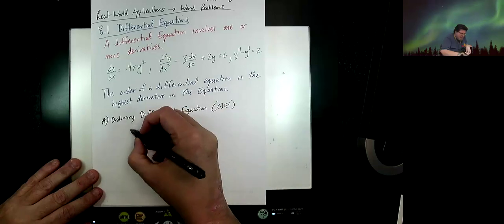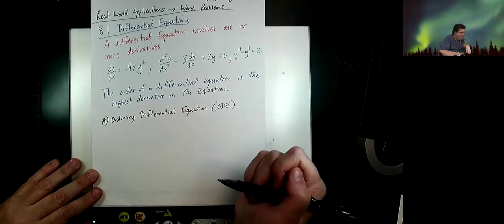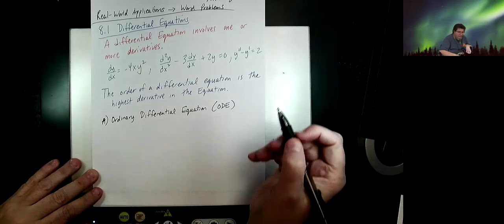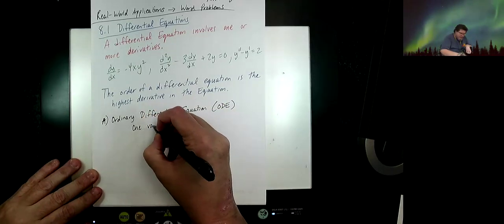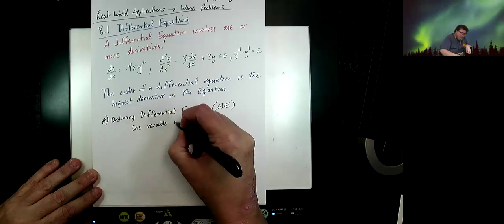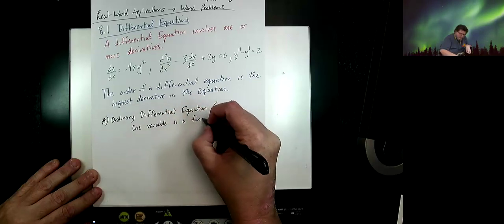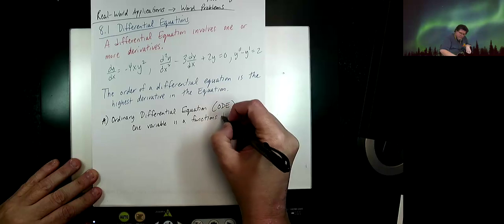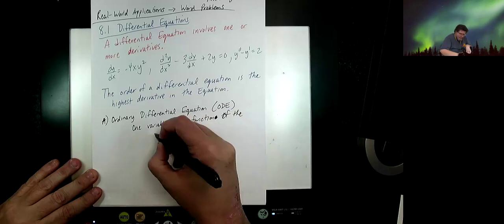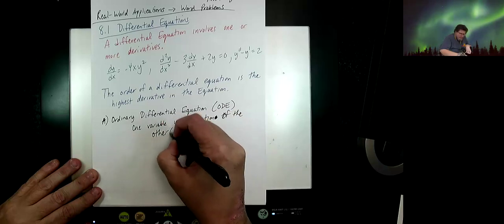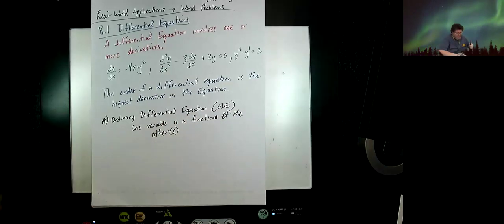And this is when, like the ones we have above, all of these are ordinary differential equations. One variable is a function of the other(s).